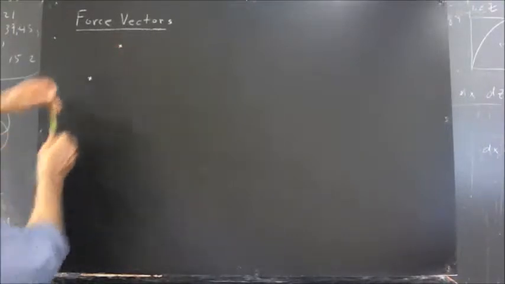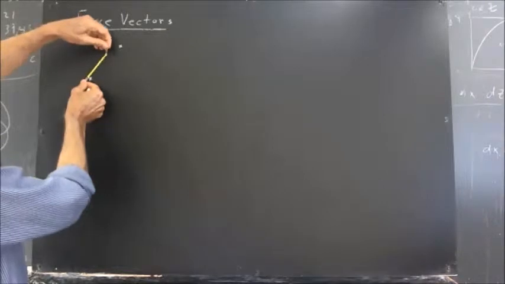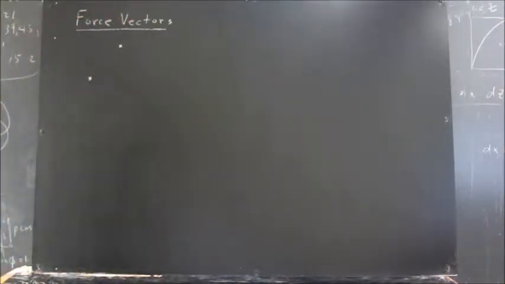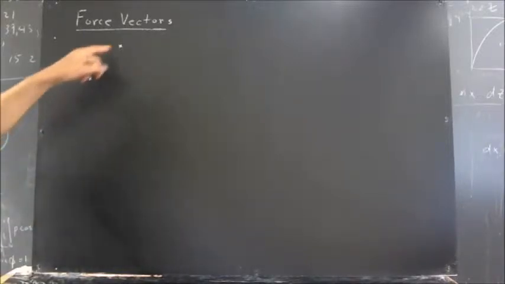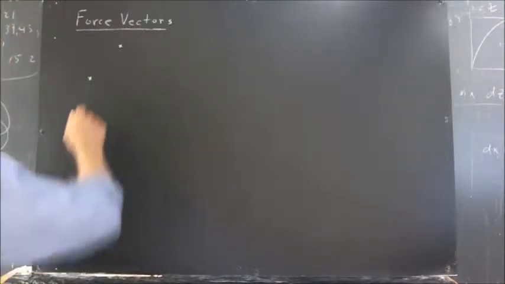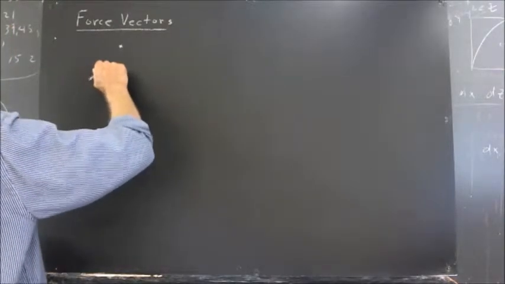So when the rubber band is stretched out from this initial point to this terminal point, there's a certain force. And that force is in the direction of the displacement vector from this point to this point. So I can sketch that displacement vector.